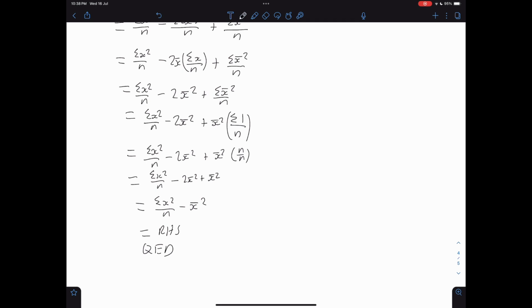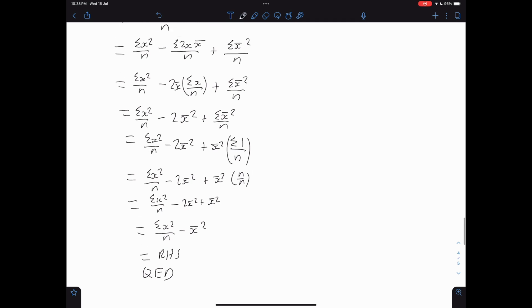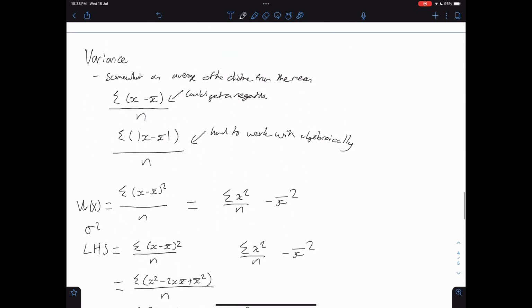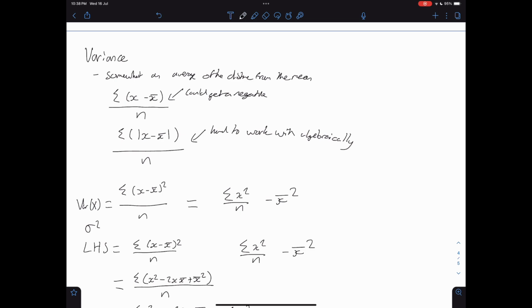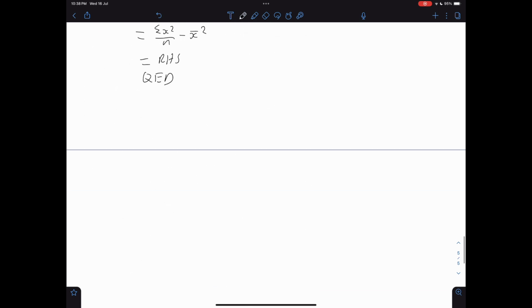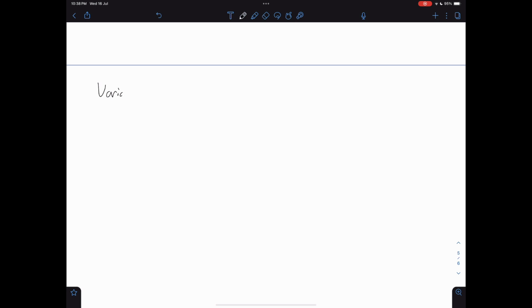Now here's a small problem with variance, easily solvable. It's because we are squaring, so the units are also going to be squared.